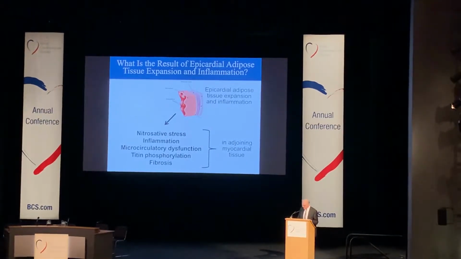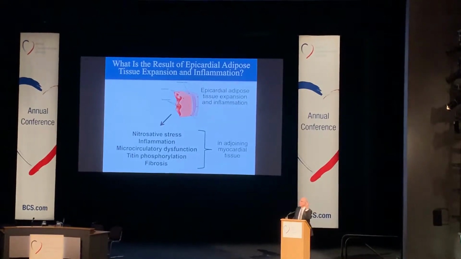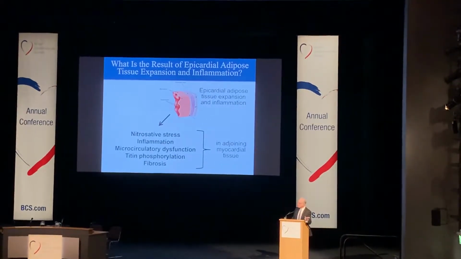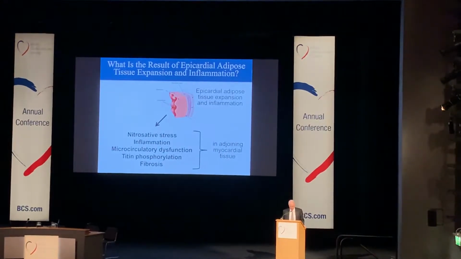Some of them are adipocytokines. Some of them are migrating mesenchymal cells. There are almost certainly other factors which have not been well identified.